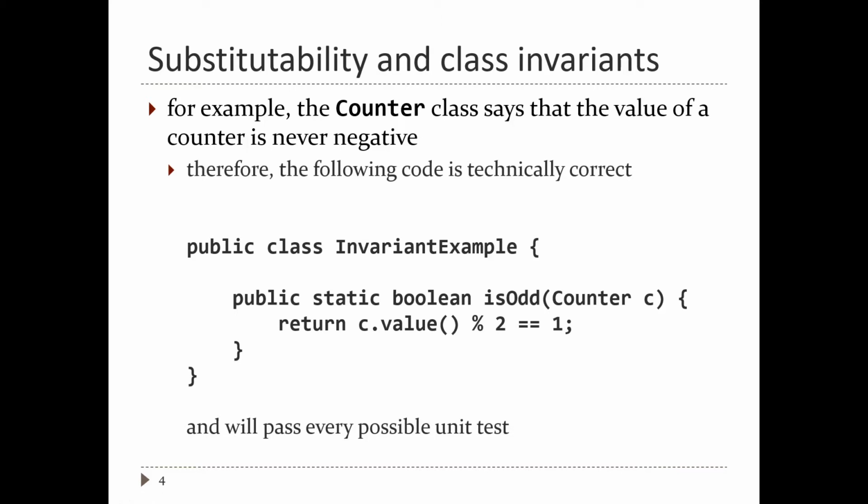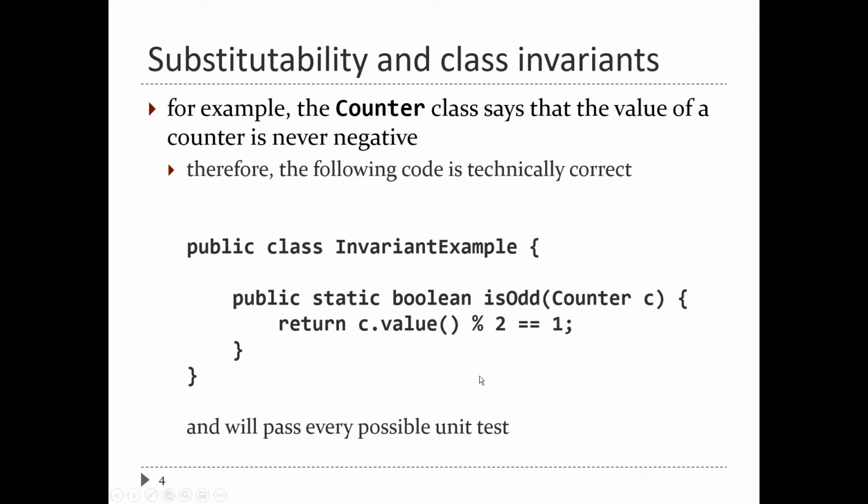Now, you can argue that this implementation is a poor implementation. The implementation fails whenever the value is negative, because a negative number, take the remainder with 2, the answer will always be negative. So -1 divided by 2, compute the remainder, is -1.